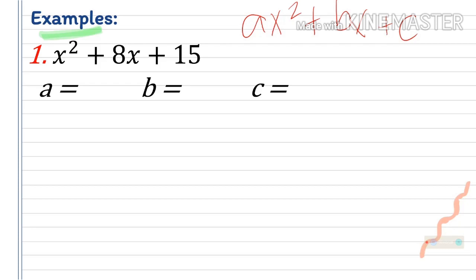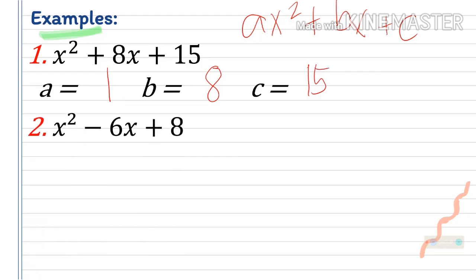In the given example, what do you think is the value of a? Correct, the value of a here is 1. How about the value of b? You're right, the value of b is 8. And then the value of c is correct, we have here 15.